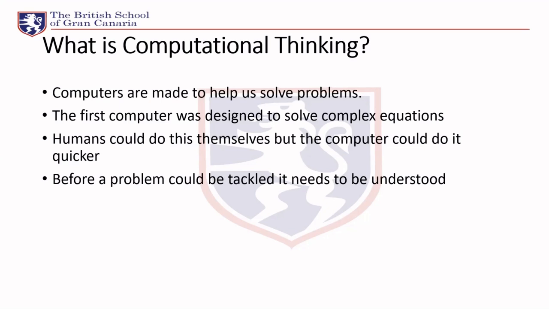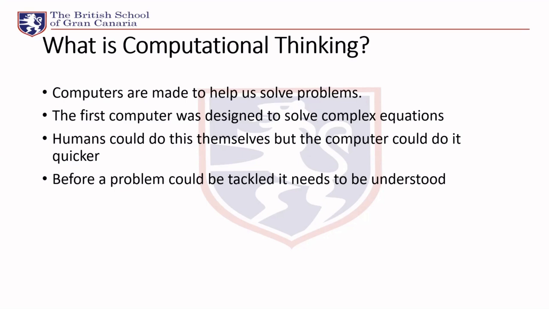So they designed a mechanical machine that would do it for them very quickly, a bit like calculators are designed for us to do basic maths in a matter of seconds. Now humans can do all of this themselves, but a computer just does it much quicker, okay?